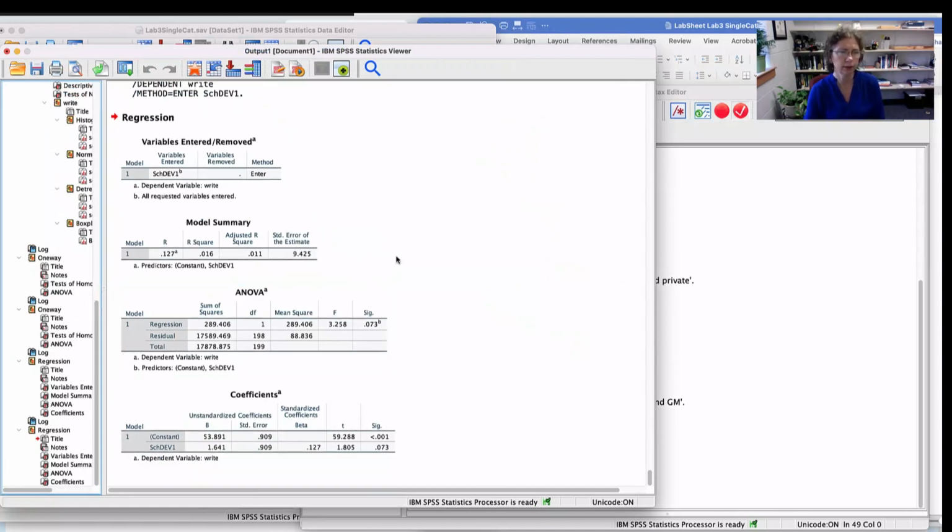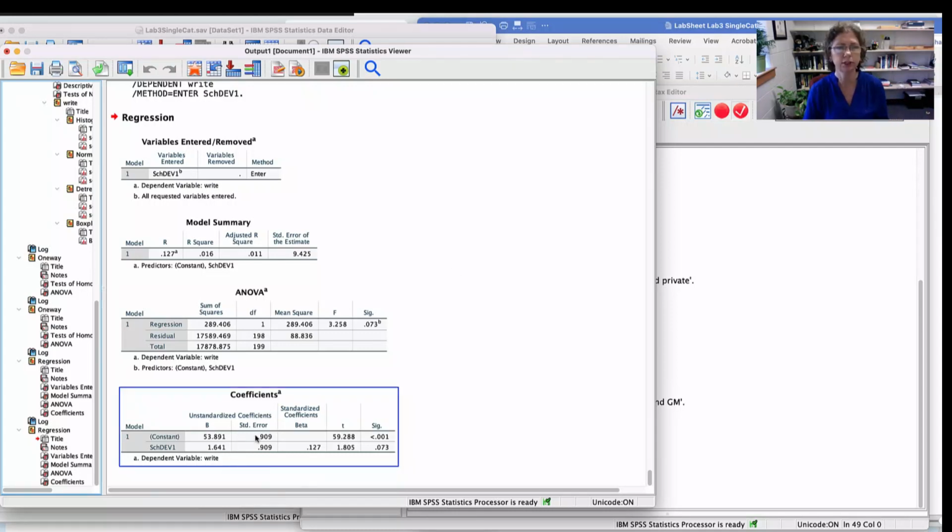Now we have, again, the overall model didn't change. We have the same F stat, the same degrees of freedom, the same significance level for the overall model, and the same R squared. So all of that information did not change according to what coding type I'm using.